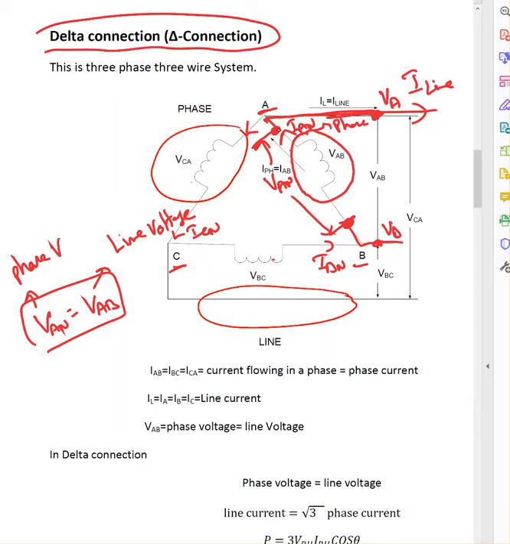IAN is going out, IBN is going out of the phase, ICN is also going out of the phase. So at junction A, at node A, ICN is going out of the junction, I line is going out of the junction, IAN is coming into the junction.